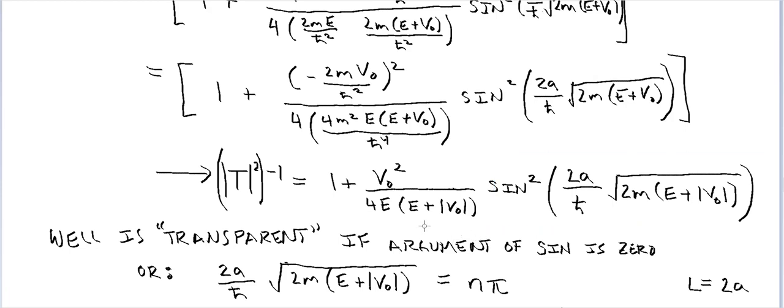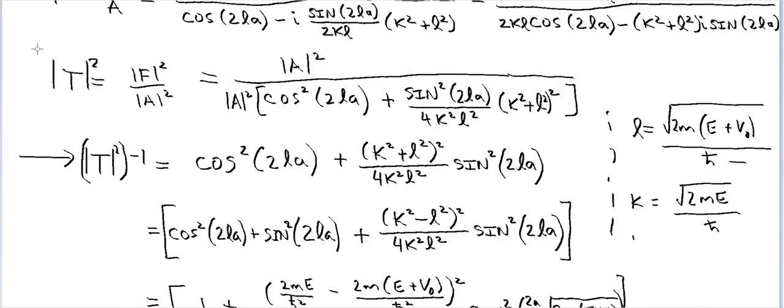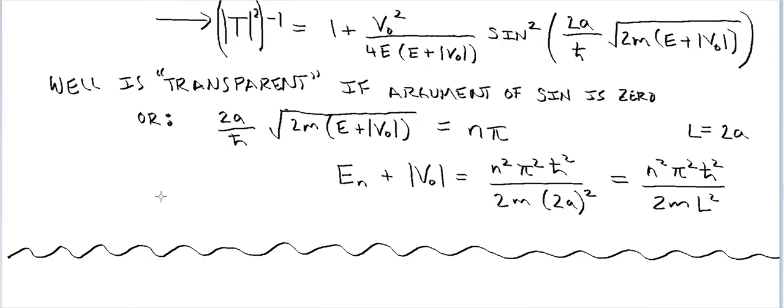What I want to point to is when this well will just let the wave pass straight by as though the well wasn't there. That will be true when T² is equal to 1. But when T² is equal to 1, the inverse of T² is also equal to 1, right?